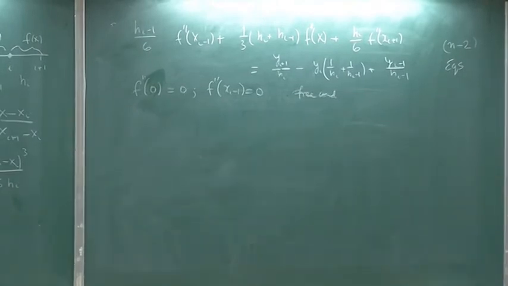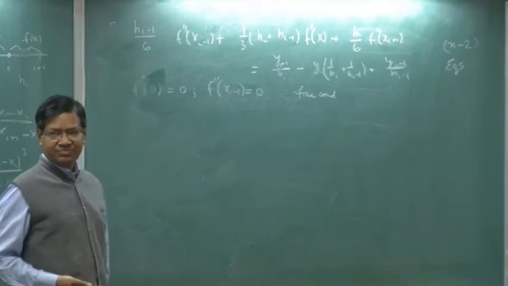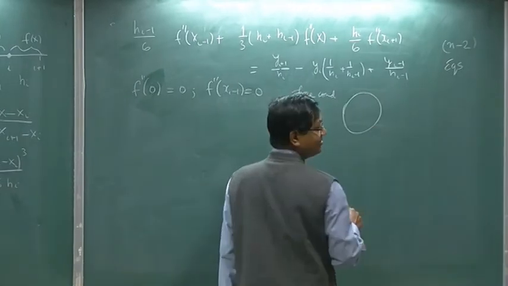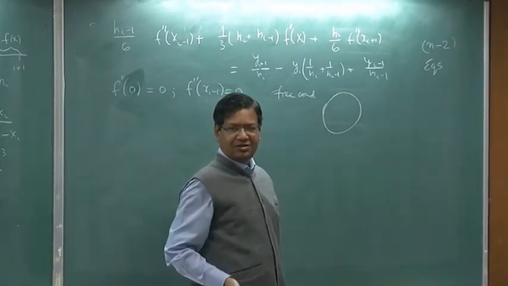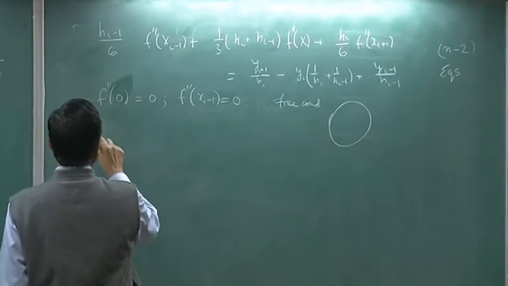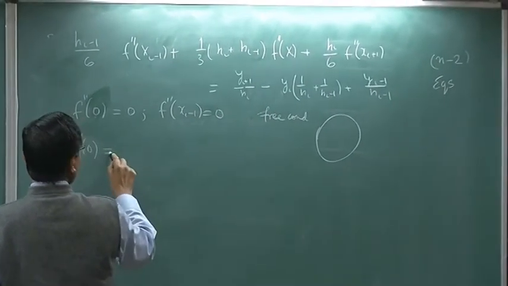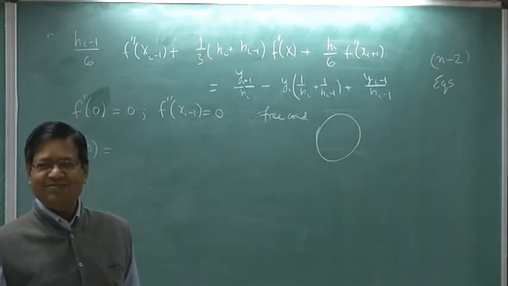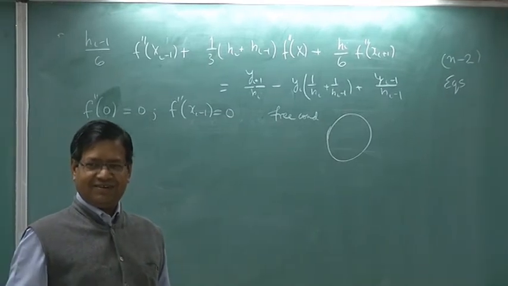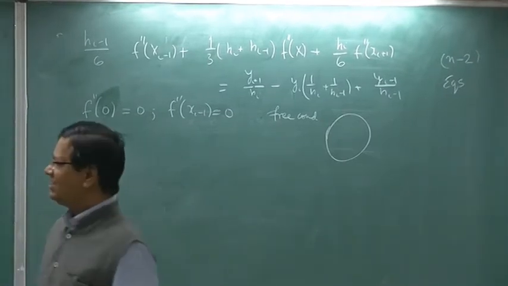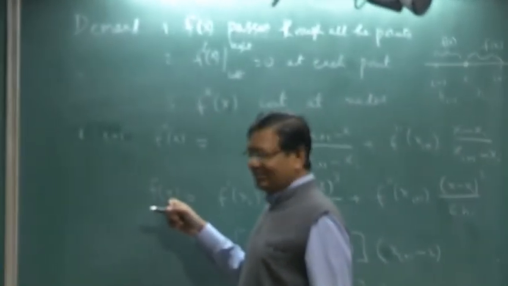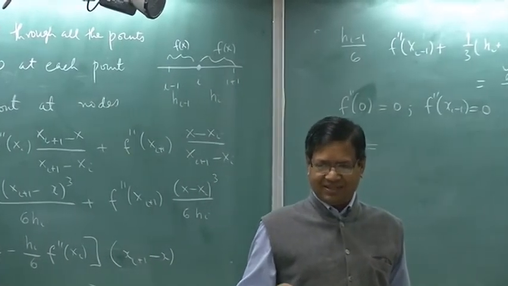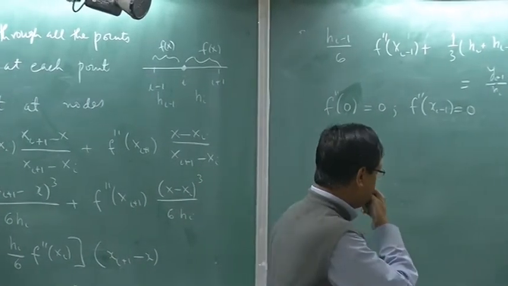There are some other conditions. One is the periodic boundary condition. Periodic means it goes in a circle. We demand this for the double derivative, not for the function. Of course we demand for the function that y_0 is the same as y_n. That is continuity for periodic.